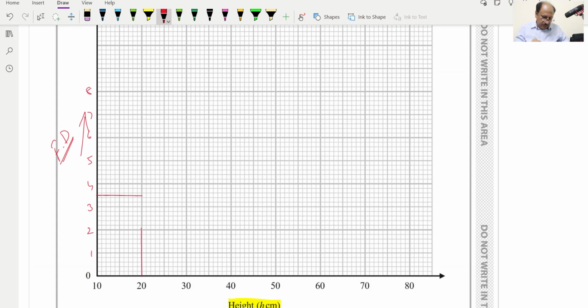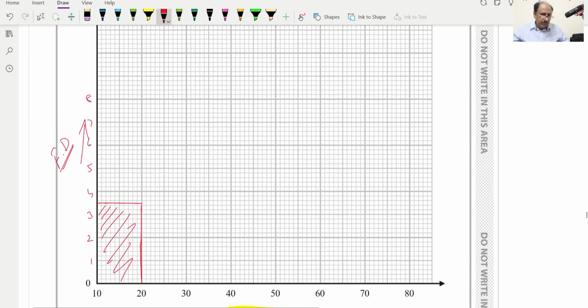This is basically from 10 to 20, and we can draw over here. This will be the histogram for the first range, and the second is 30.